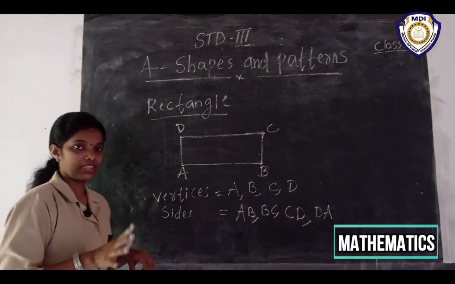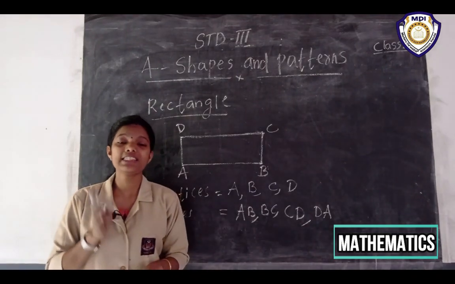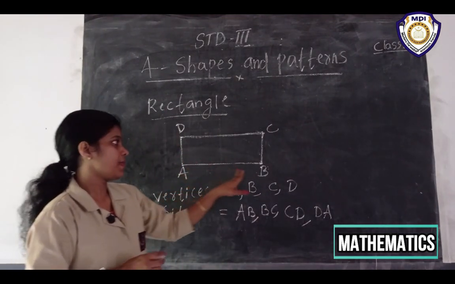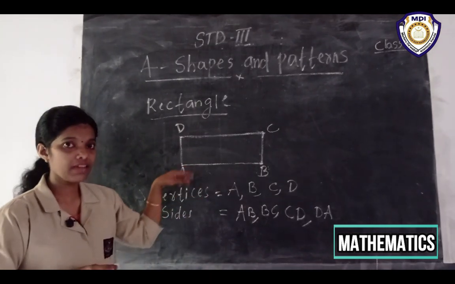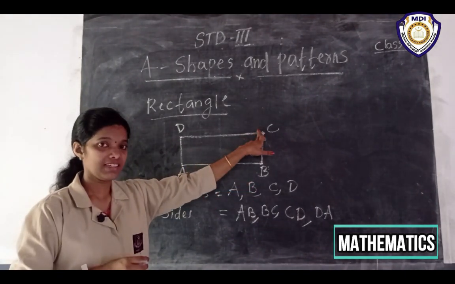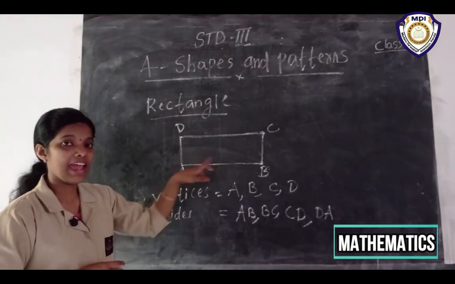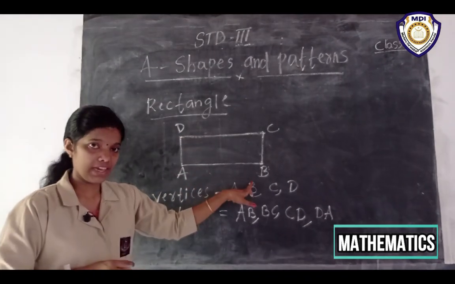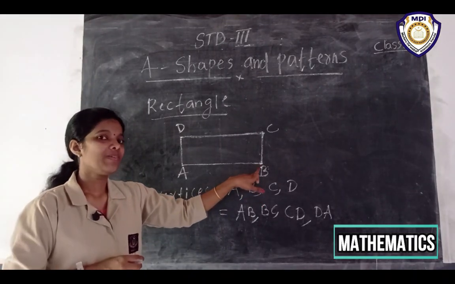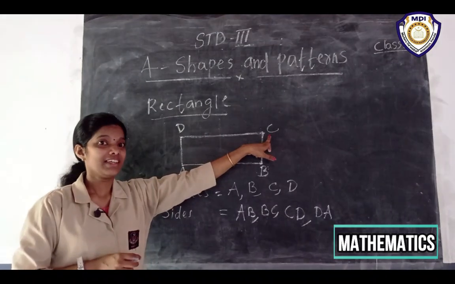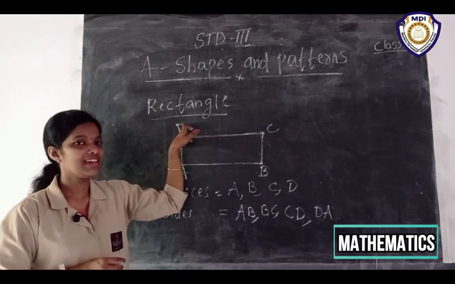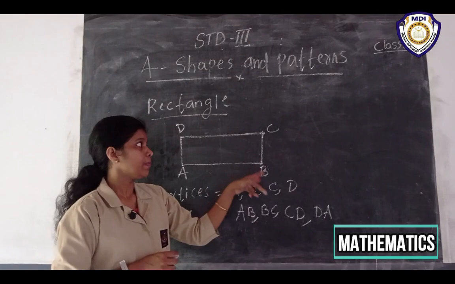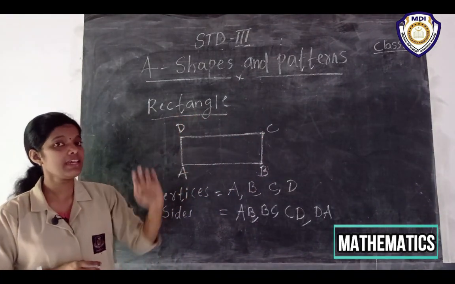Rectangle has 4 sides and 4 vertices. Rectangle ABCD. The vertices are A, B, C, D. Then the sides are AB, BC, CD, DA.